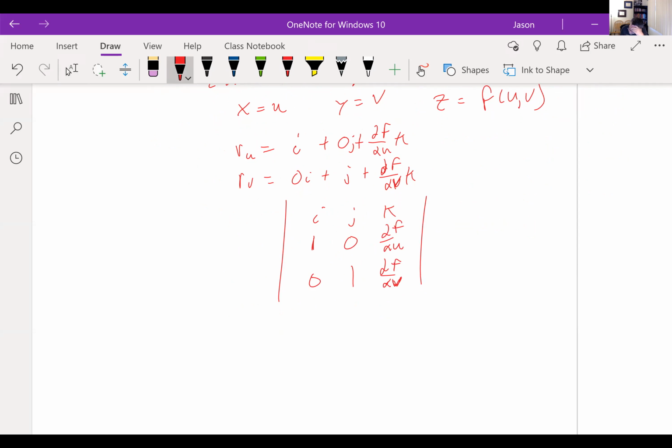Okay, so when we do i, we're going to get negative df du, i, right? Minus, what's this one going to become? This is going to be negative df dv. It will be positive, but it's the negative of df dv.